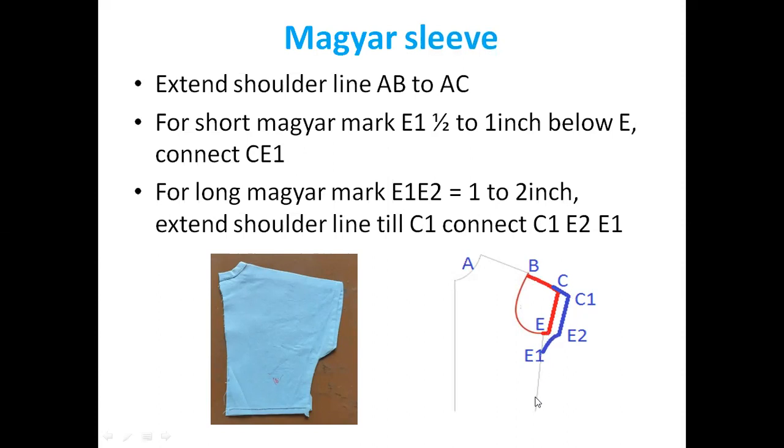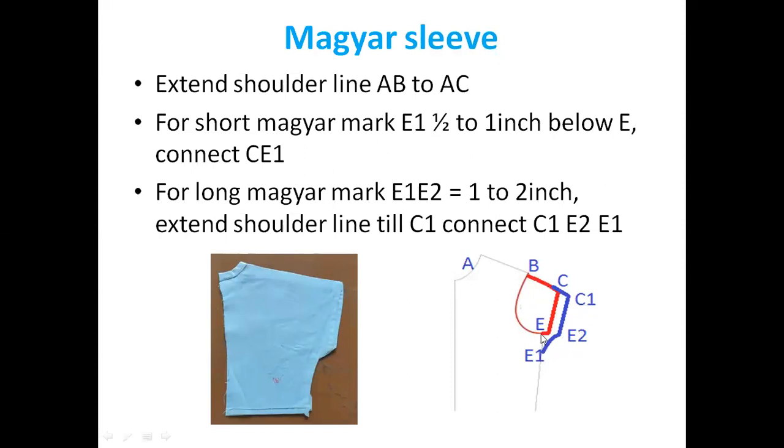Similarly, on the line E, you have to mark a point E1. For this, from E, you take half an inch to 1 inch and mark the point E1. So this is for the shorter Magyar sleeve. If you want a longer Magyar sleeve, that is a 3/4 sleeve or full-length, somewhat loose Magyar sleeve, you have to mark a point E2, that is 1 inch to 2 inches.